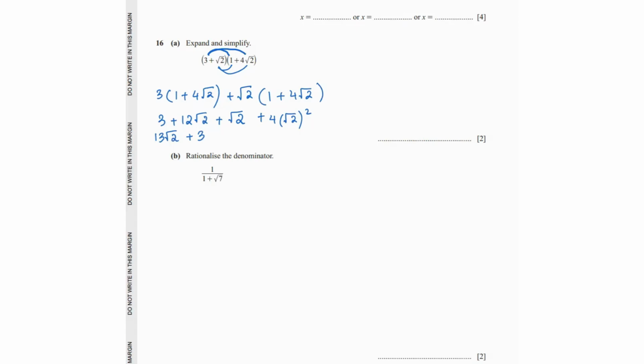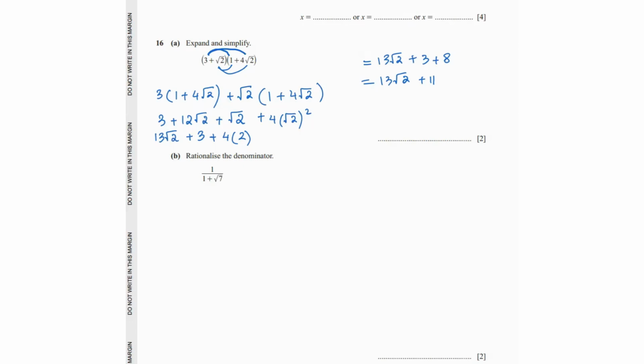Plus 3, and root 2 being squared is going to be 2, because root and square are the opposite of each other, so they cancel themselves out. So that's 13 root 2 plus 3 plus 8, and 13 root 2 plus 11. That is your fully expanded and simplified answer.